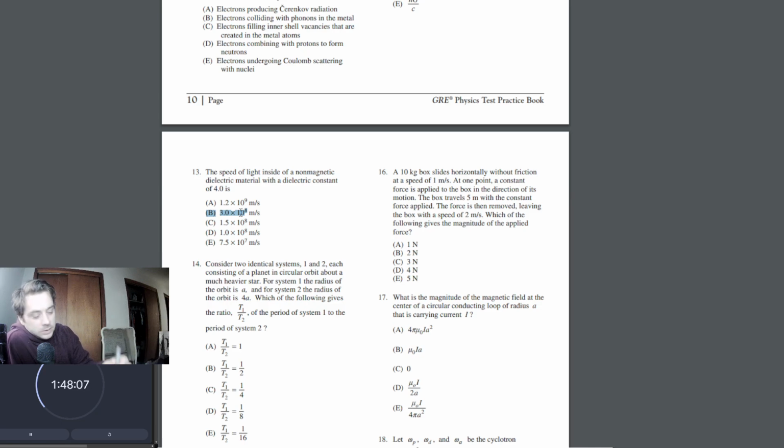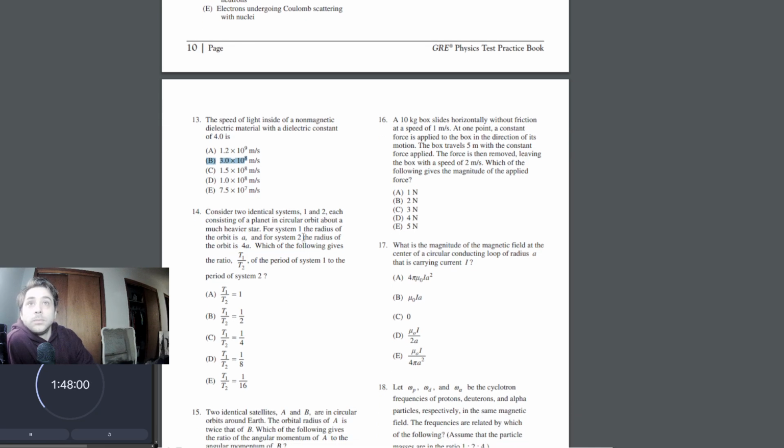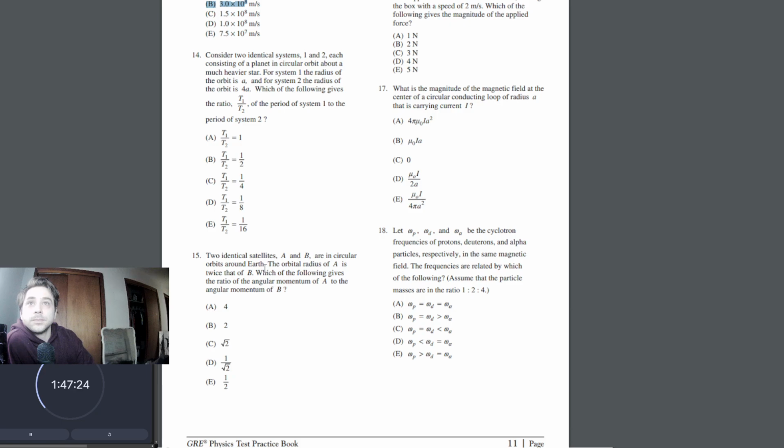It drops it then to D. D is 2 pi r, circumference. 14. D, orbital radius.